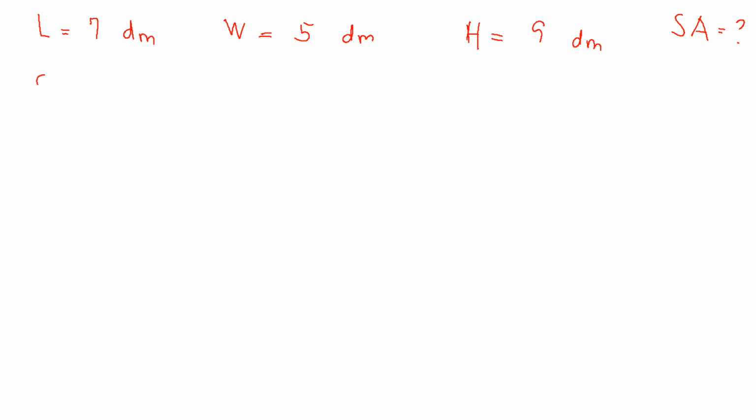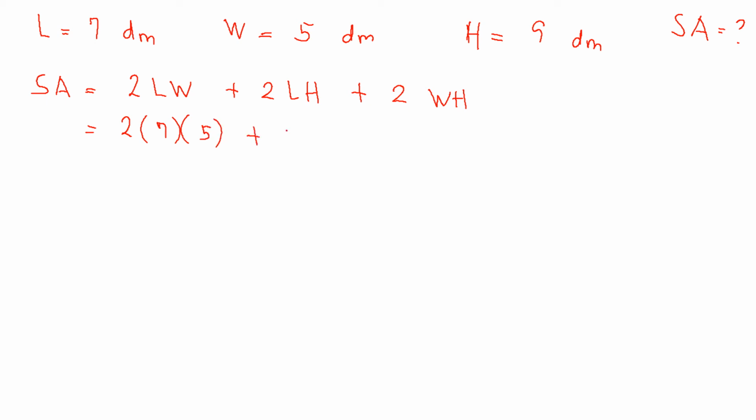Sabi natin, since this is a cuboid, SA is equivalent to 2LW plus 2LH plus 2WH. Again, one at a time. I-replace lang natin. Ang L ay 7, and then W here is 5. And then plus 2, L is 7, H is 9. And then plus 2, W is 5, and then H is 9.